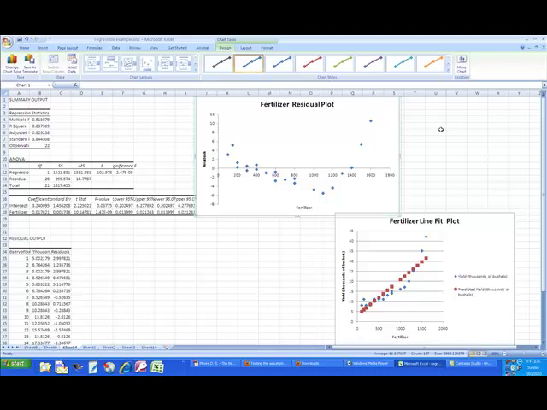If on the other hand there's no pattern visible, in other words, if all the dots are completely random in the residual plot, then you can feel confident that you've basically squeezed all of the information out of the data.